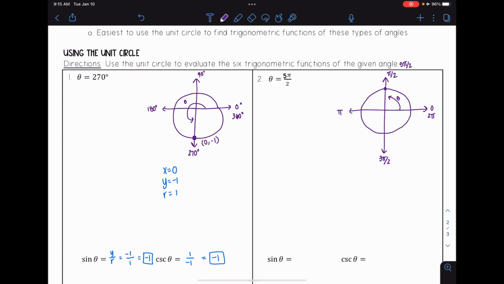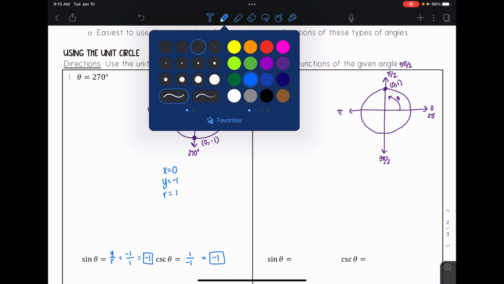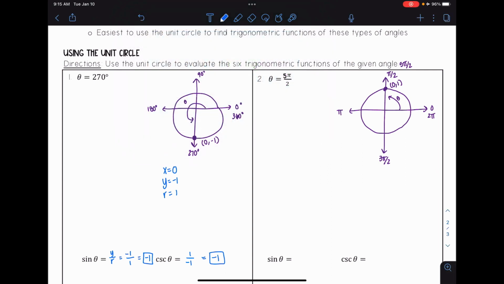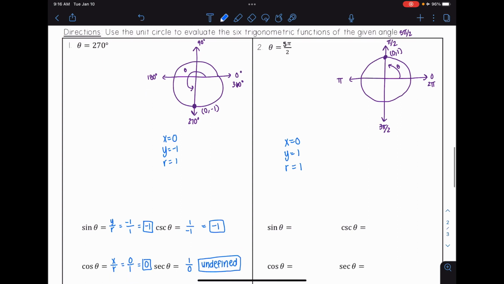So I draw my unit circle, and I see that point is going to be at (0, 1). So now I can go ahead and figure out what my x, y, and r are. X is equal to 0, y is equal to 1, and r is always equal to 1.